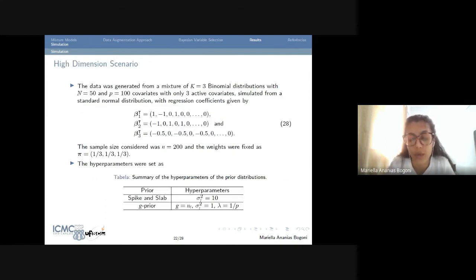Well, in this work, we generated a lot of scenarios, but because of time, I will present only one. In this scenario, the data was generated from a mixture of 3 binomial distributions with 50 Bernoulli trials and p equal to 100 covariates, where only 3 of these covariates were really active in the model.